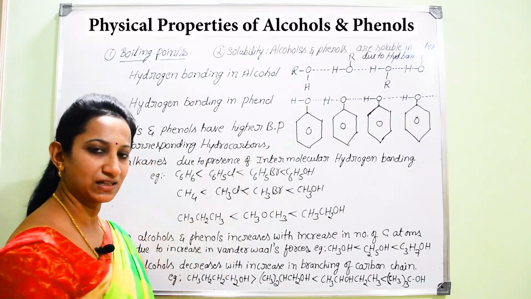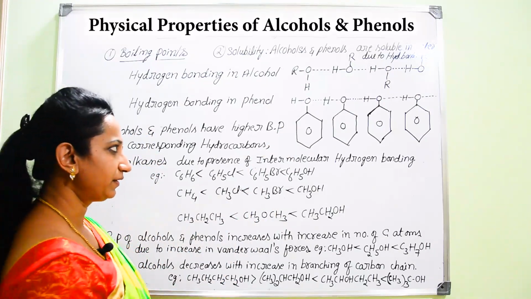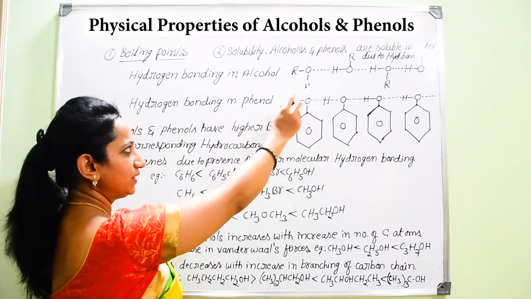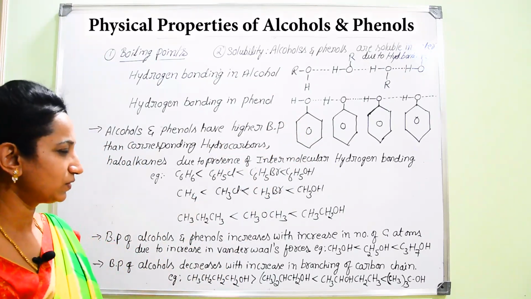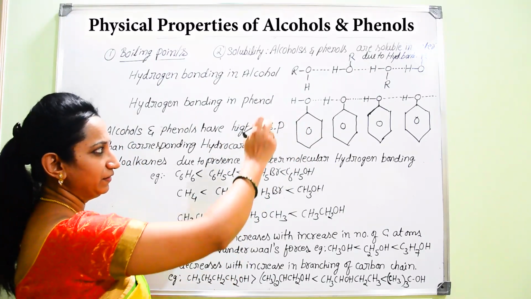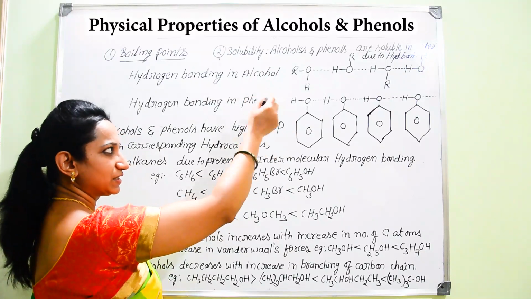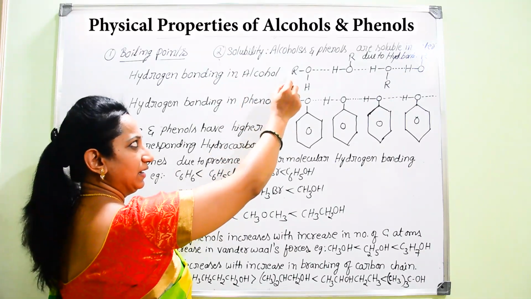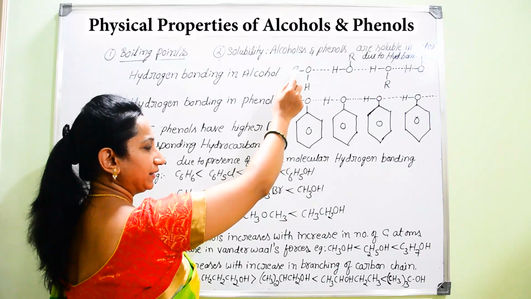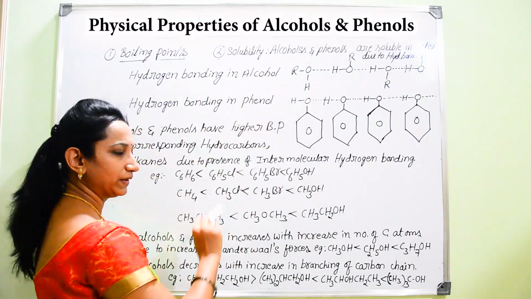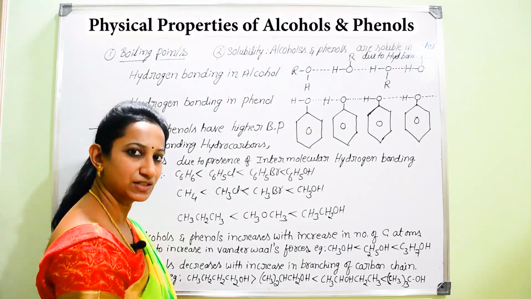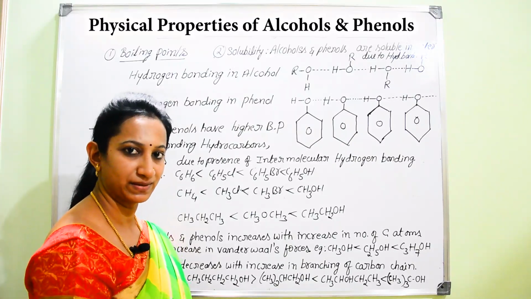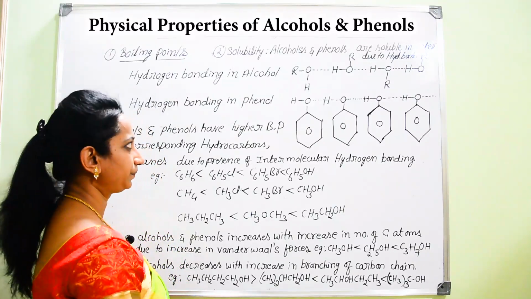Similarly, phenols can also form hydrogen bonding with water. Therefore, both are soluble or miscible with water. But of course, that miscibility decreases with an increase in the size of the alkyl or aryl group. So, lower members of alcohols are much more soluble compared to higher members of the alcohols.